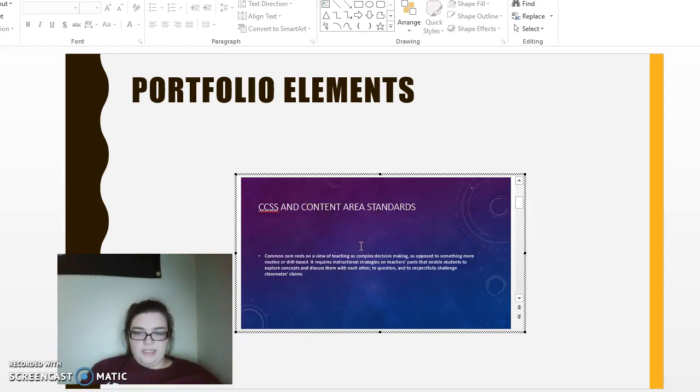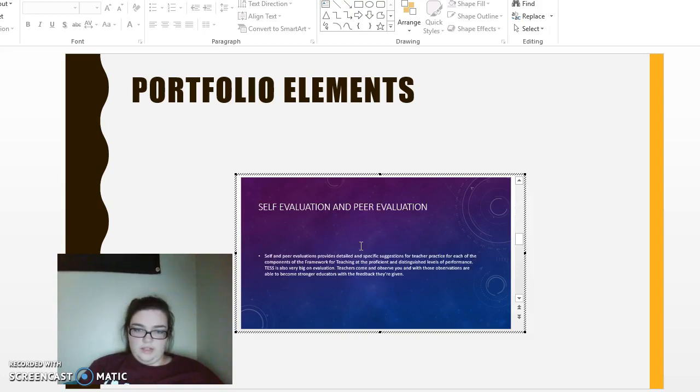I tried to take from everything that we talked about in class, and I also researched online and tried to understand my concept of what I'd learned and put it into this. And I know on this it said Common Core rests on a view of teaching as a complex decision making as opposed to something more routine or drill based. And it just goes through all of what I've talked about.